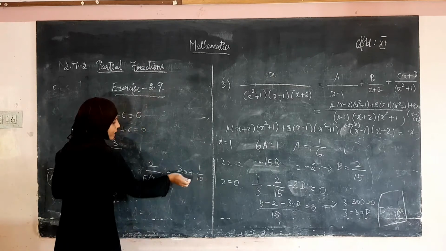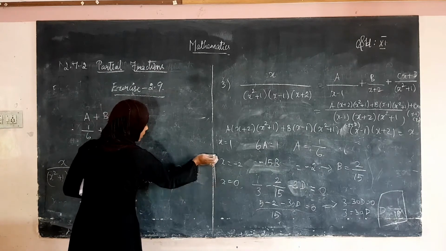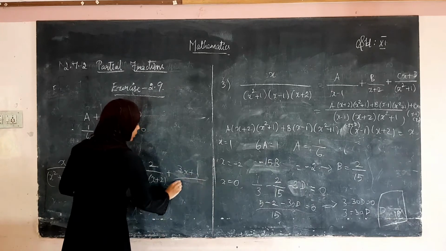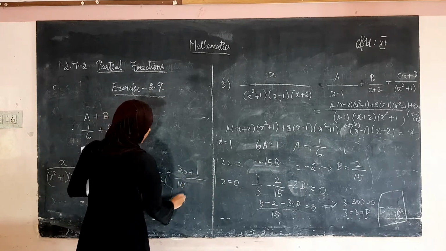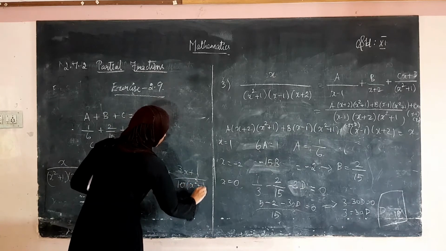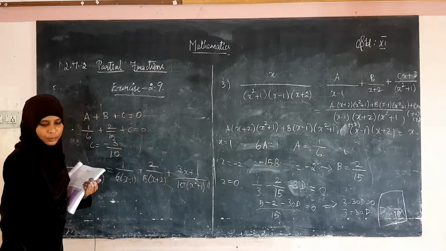So, while taking LCM, we will be taking LCM as 10. So, (3x plus 1) divided by 10 into (x square plus 1). This is the answer. Okay.